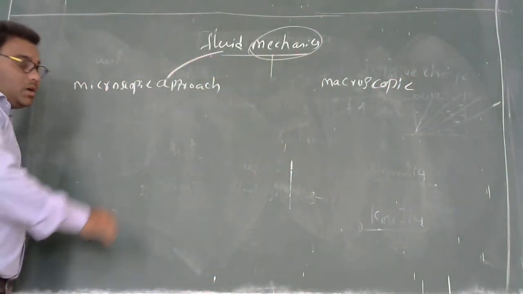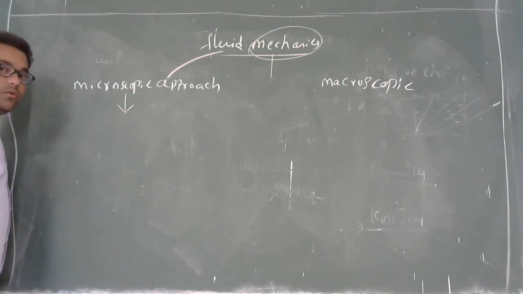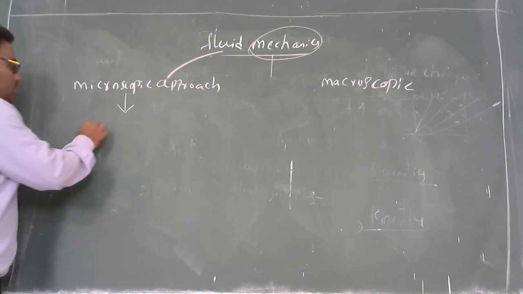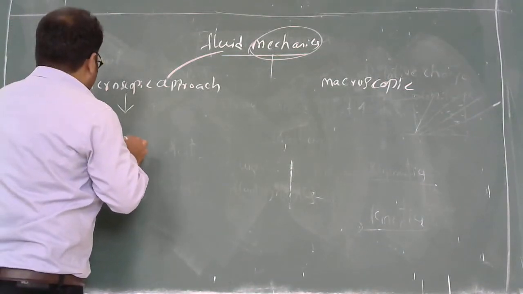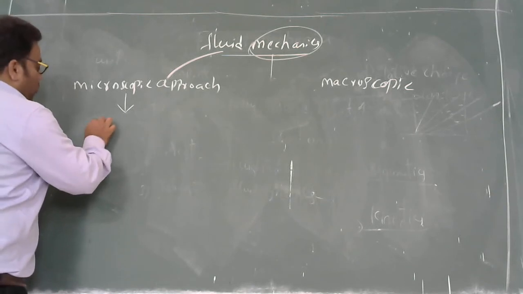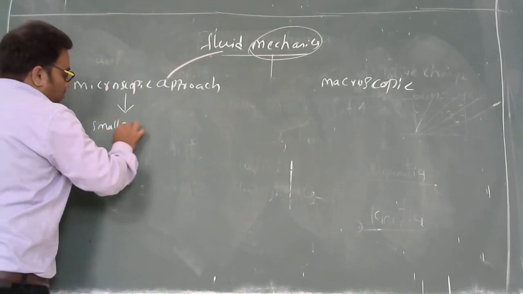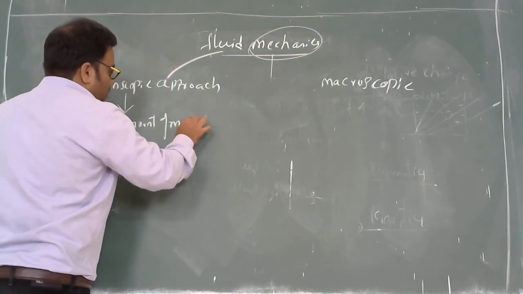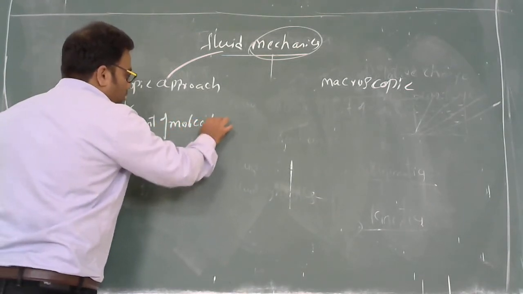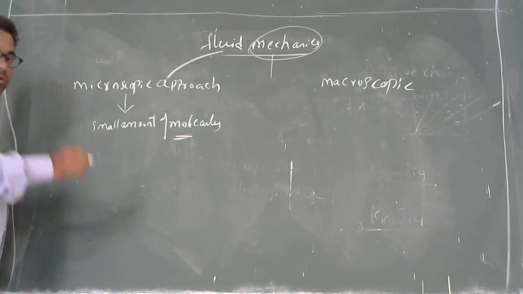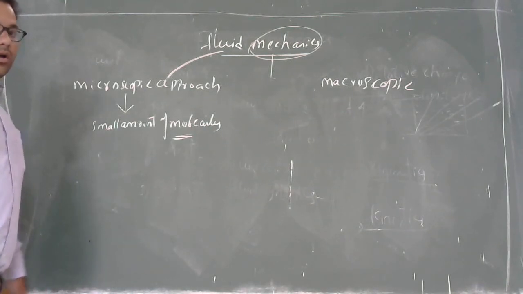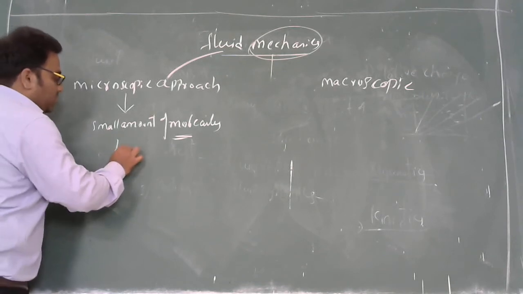In the microscopic approach, we study only a single molecule, or a small amount of molecules. The name micro equals very small, so a very small amount of molecules and their behavior will be studied.